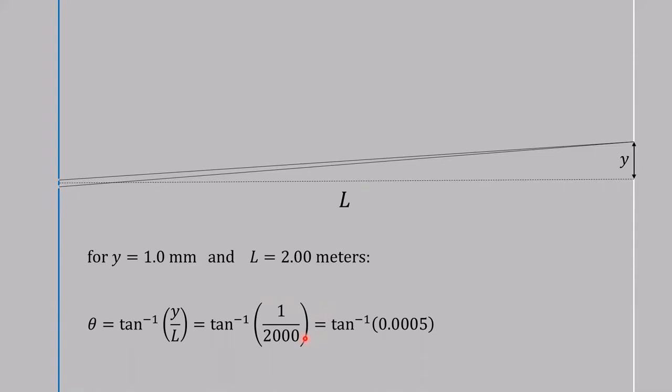And the units cancel, so we're just taking the arctangent of 1 over 2,000, which is the inverse tangent of this number. And I encourage you to try this. I did this in my calculator, and I was surprised for a moment. I thought my calculator wasn't working, because when I punched in this number and hit inverse tangent, the same number was still on the screen. Nothing changed. There were no extra digits after the 5, nothing changed.